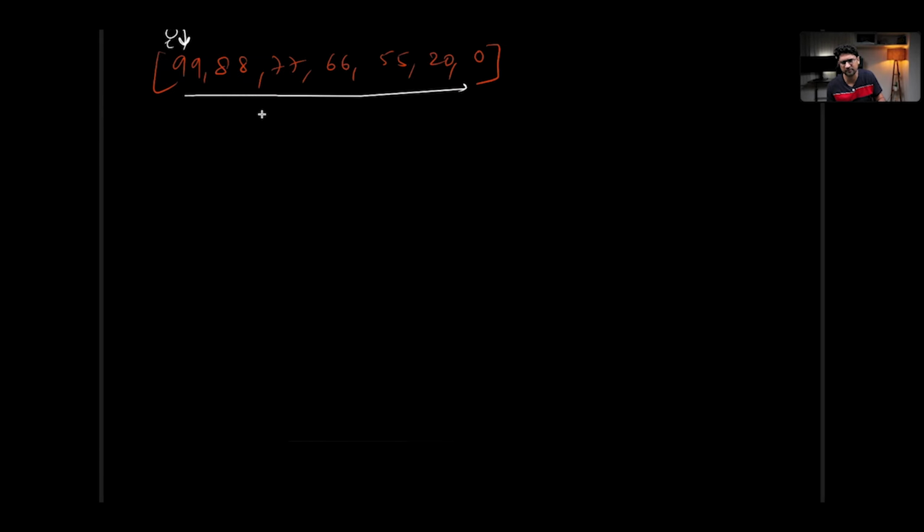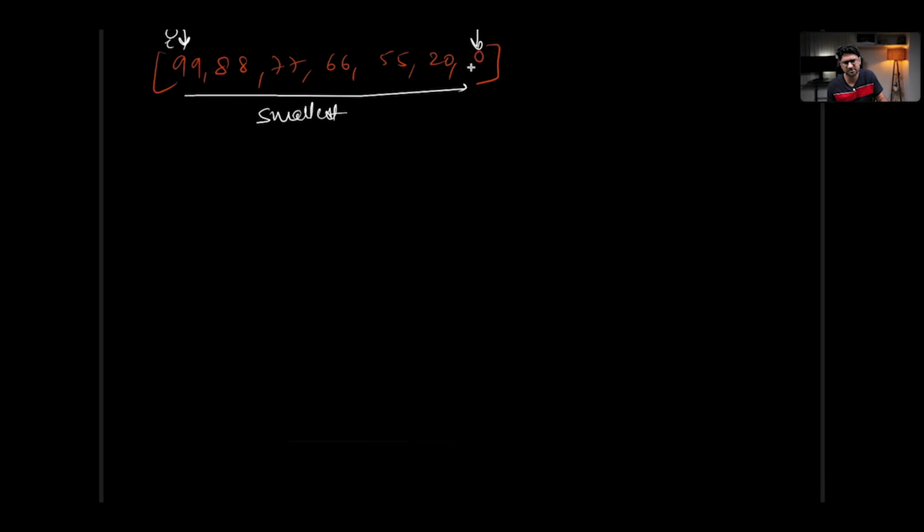Let's say I have an array that looks something like this: 99, 88, 77, 66, 55, 20 and 0. First of all, I'll stand on this position. In this position I have to put the right element, and from the beginning till the end I have to find the smallest.